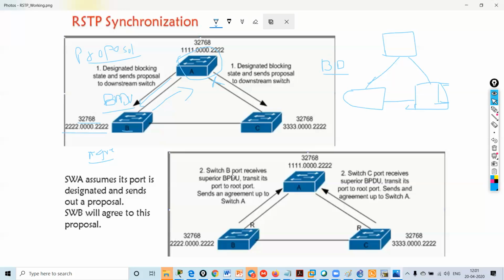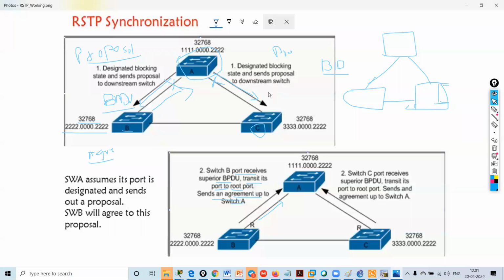Switch B port receives a superior BPDU, transits its port to root port, and sends an agreement up to switch A: I agree that you are the root bridge. Then it will block this port and send the proposal message to switch C.